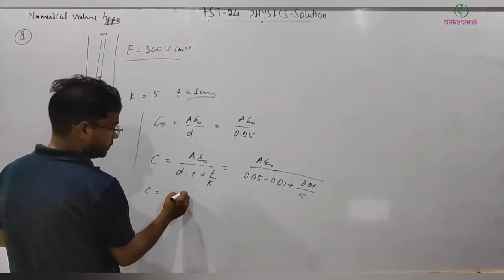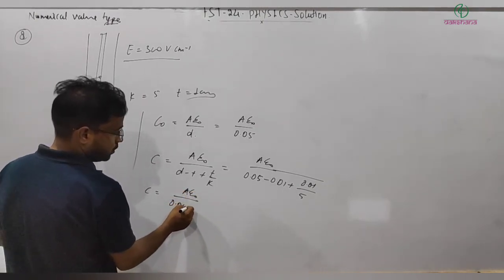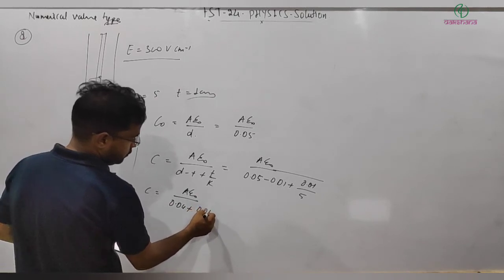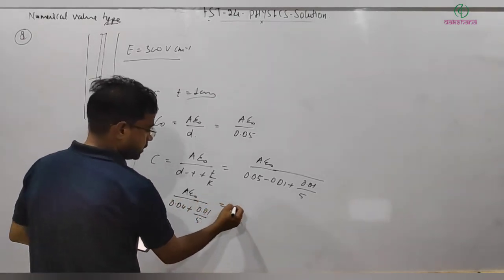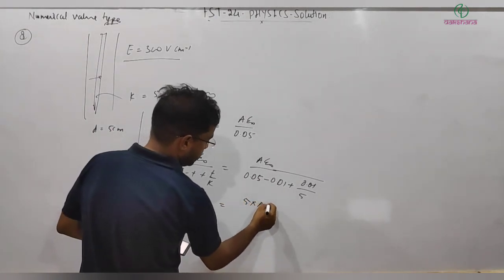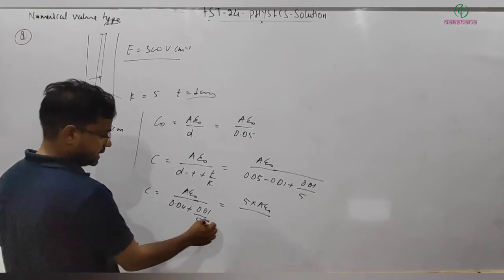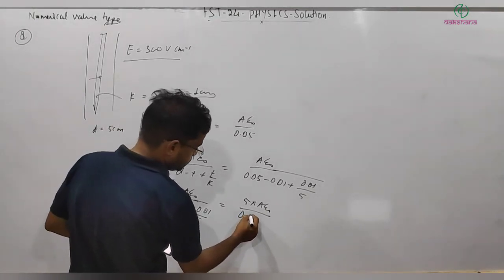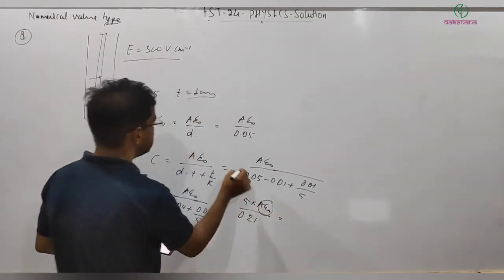So C is equal to A epsilon naught divided by 0.04 plus 0.01 divided by 5, multiplying it. This is 5 multiplied by A epsilon naught, multiplied here by 20, so it's like 0.21. And A epsilon naught can be written from here.